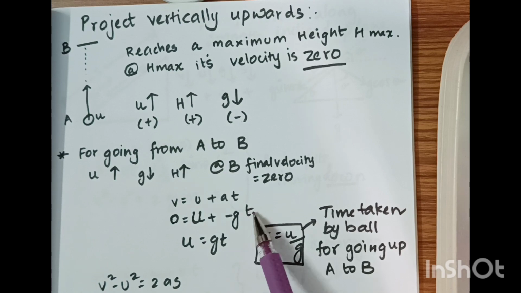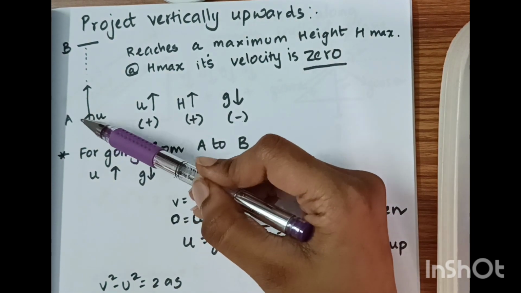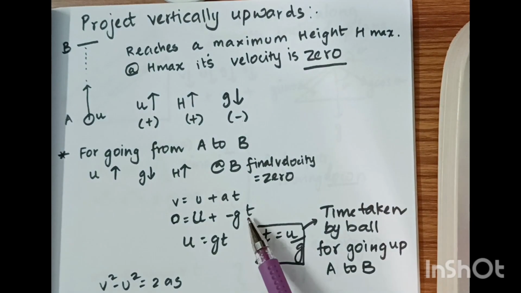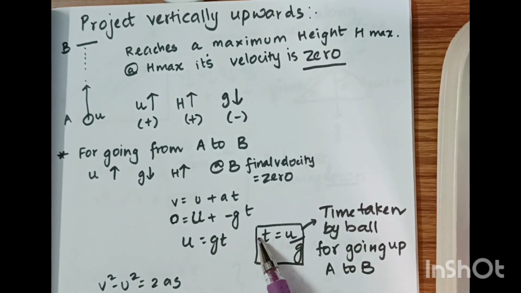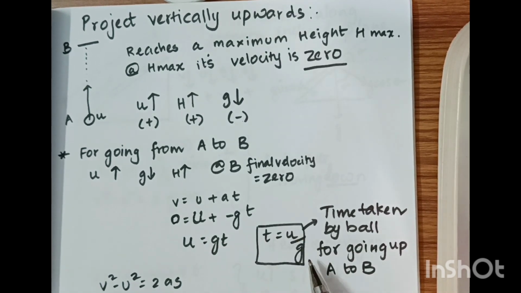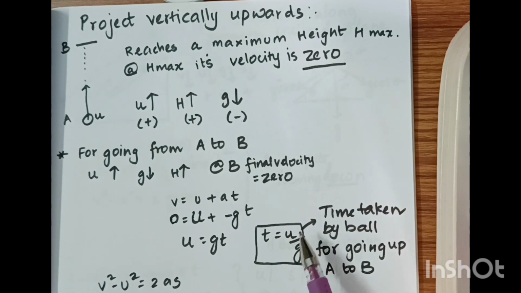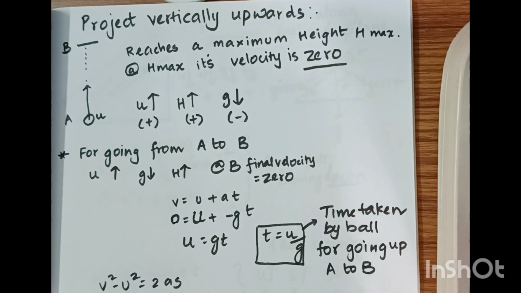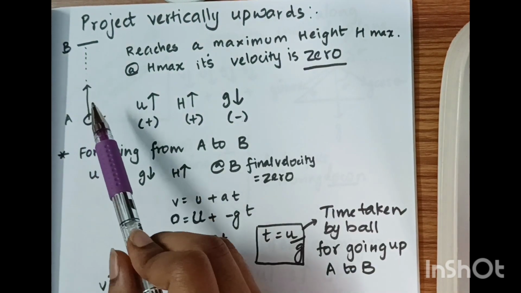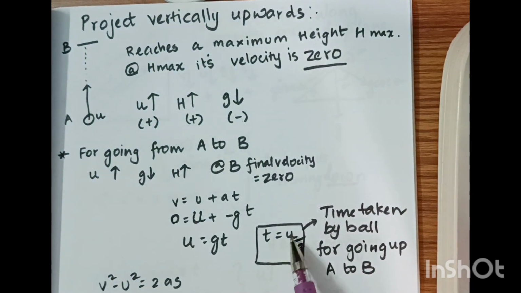T is the time taken by this ball to go from A to B. From this you can write U equals GT, and from this we can also write T equals U by G. This is the time taken by the ball for going up from A to B.